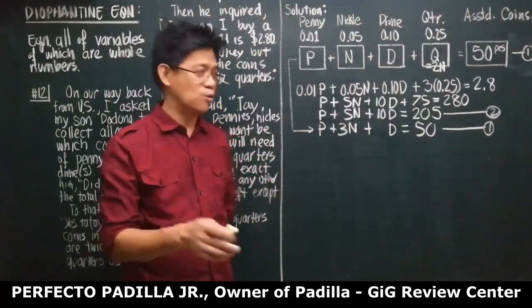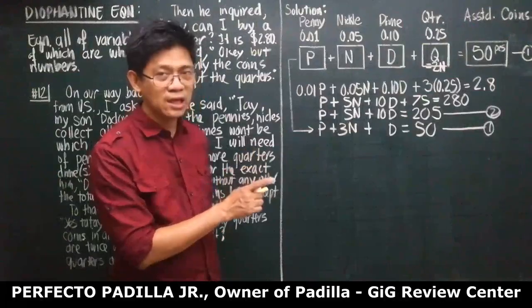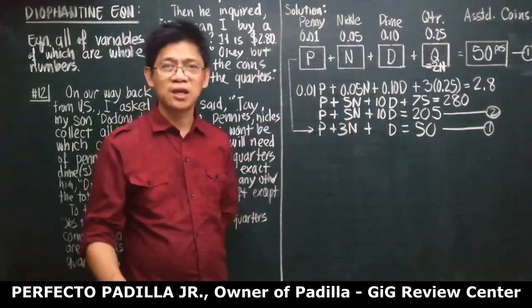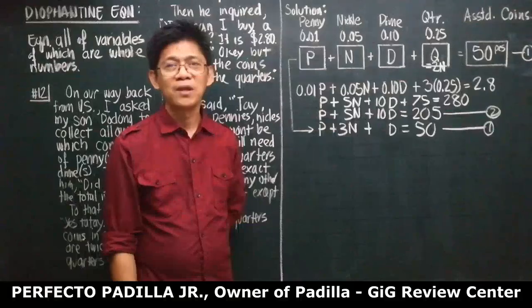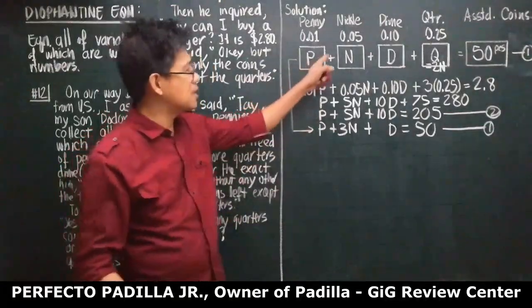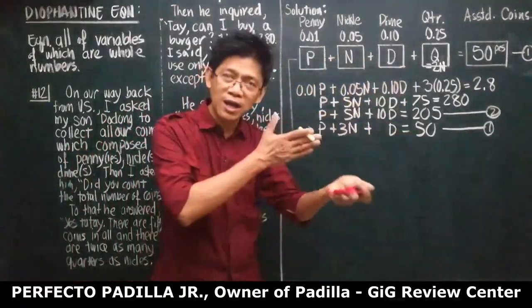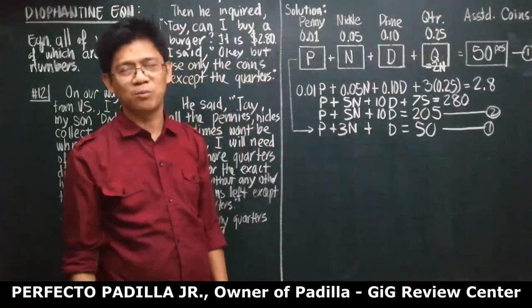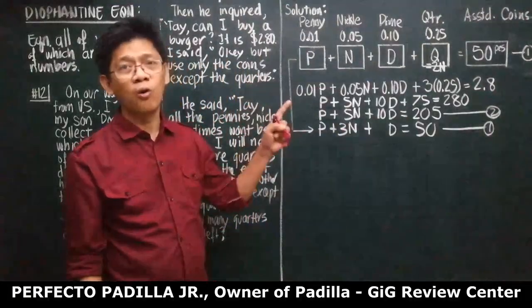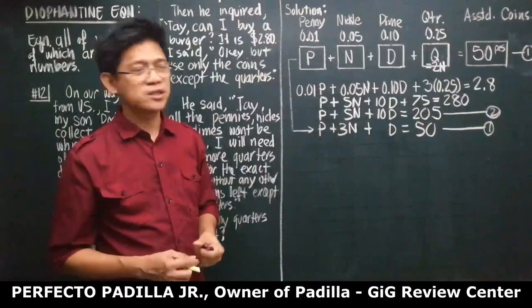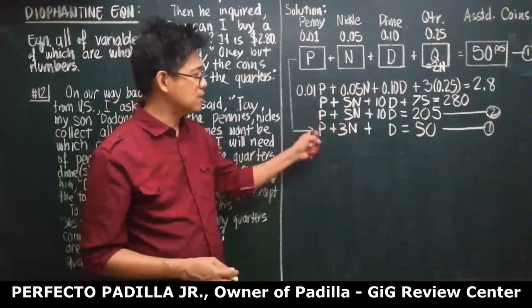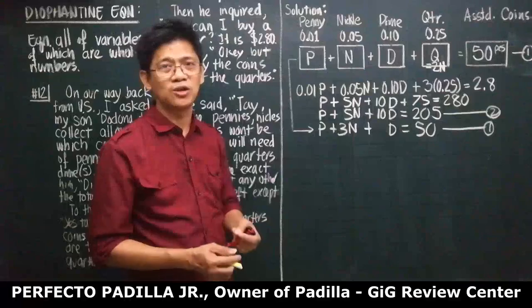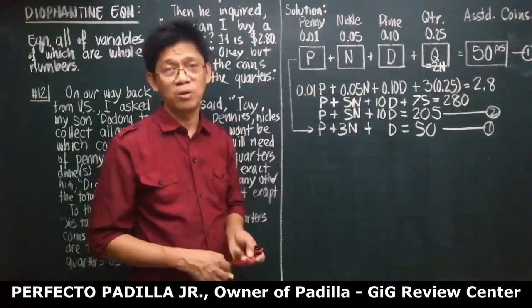Meaning, all the unknowns, P, N, and D, must be whole numbers. Ang tanong, are they? Yes, because they are pieces of coins. Walang kalahating coins. They are pieces of coins, so they are whole pieces. Because they are whole numbers, this system of simultaneous equations is still solvable.